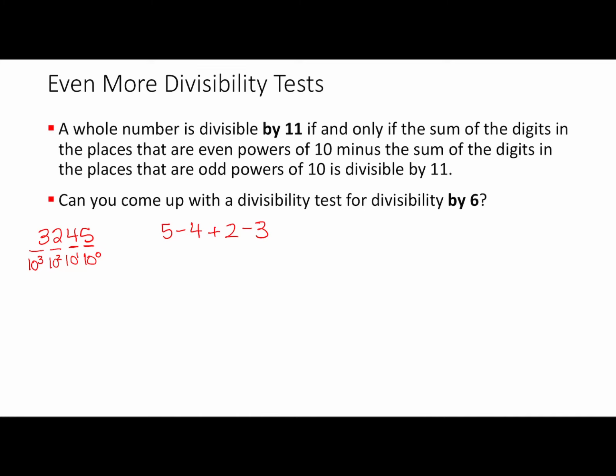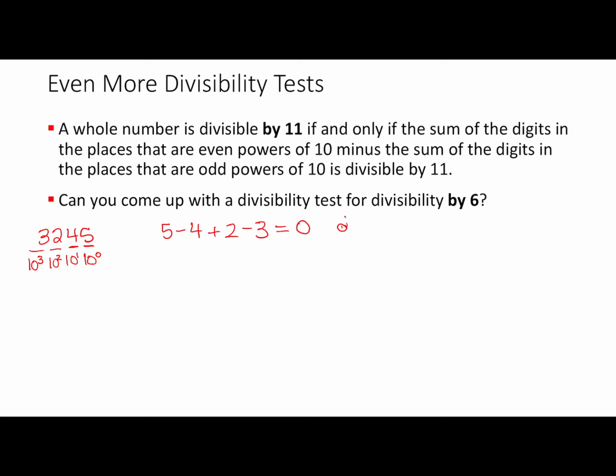In general, just remember, I'm going to start in the units place, take that number and subtract the next digit in the tens place, and then add, subtract, add, subtract. That's all we're doing. So 5 minus 4 is 1, plus 2 is 3, minus 3 is 0.